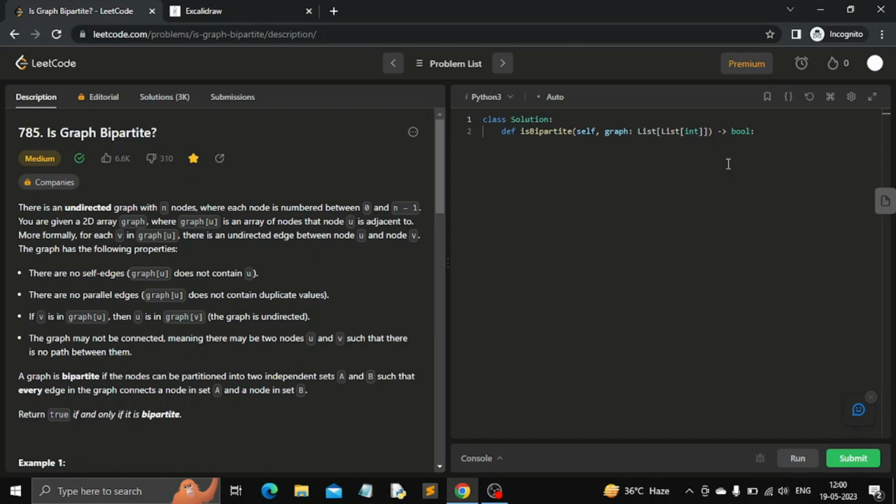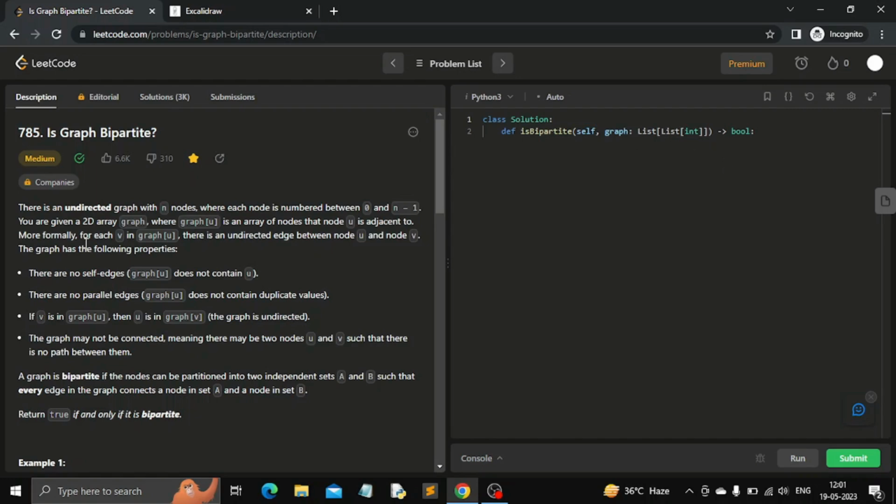In this video we are going to look at today's LeetCode daily challenge, and the name of the problem is graph bipartite. So we'll be given an undirected graph with n nodes where each node is numbered between 0 and n minus 1.